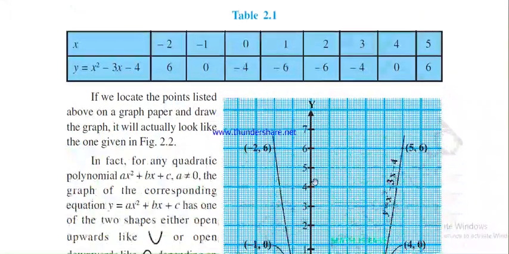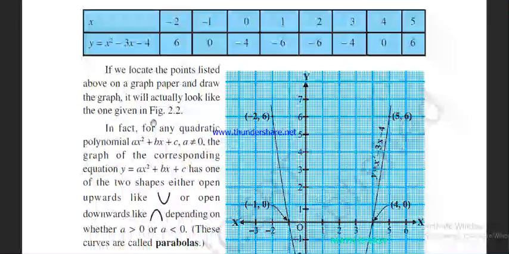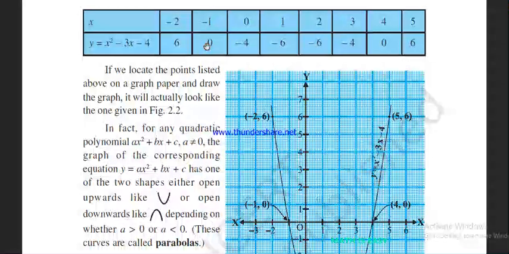Similarly, you tried for a linear polynomial. Now you can try for the quadratic polynomial. Okay, when I try for the quadratic polynomial, here I have taken p of x as x square minus 3x minus 4. If I substitute x value as minus 1, then p of minus 1 value is 0.